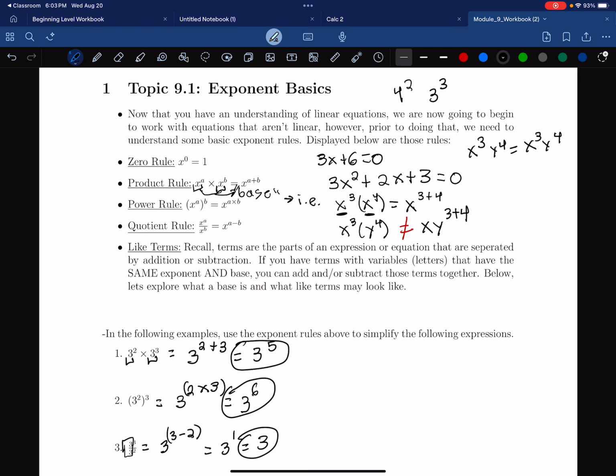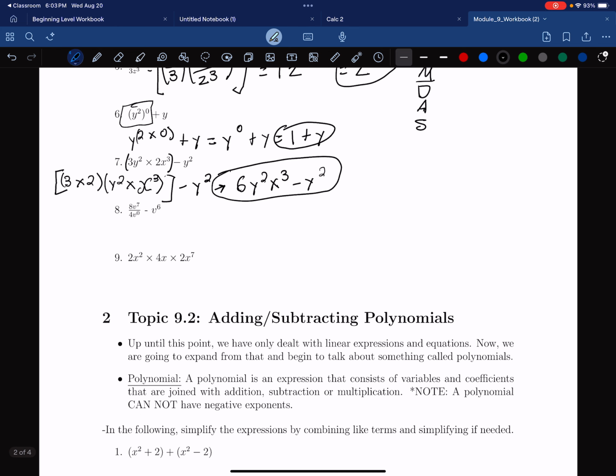So if we look here, these are not the same thing. So we cannot combine, even though this term and this term both have a y squared. This term has a 6, and this term has that x cubed.